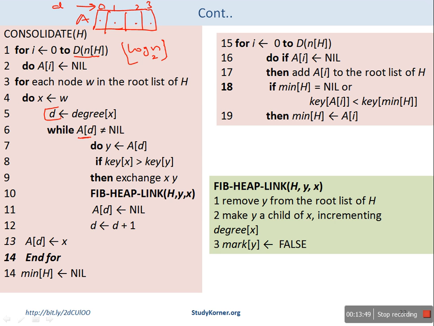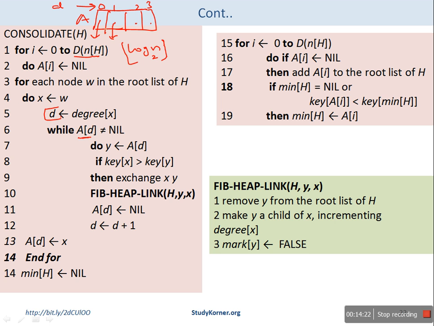These 0, 1, 2, 3 are the degrees. So if there is a node in the root list of degree 0, it is pointed to by this index. If a root list node is degree 1, then it is pointed to by this index. So this auxiliary array is an array of pointers pointing to those nodes which have the degree equal to the index of the corresponding pointer in the array. Now, while A[d] is not equal to nil, suppose d is equal to 0.